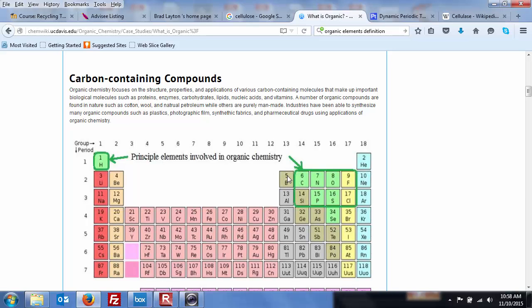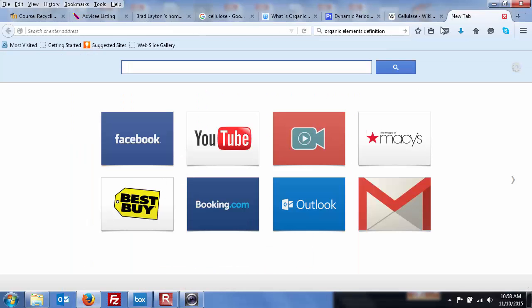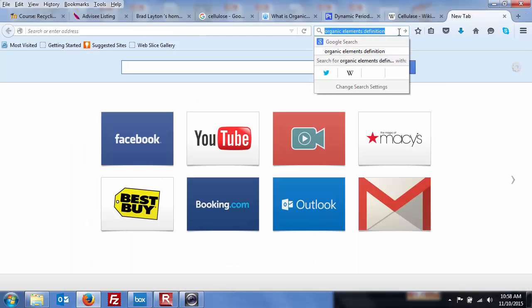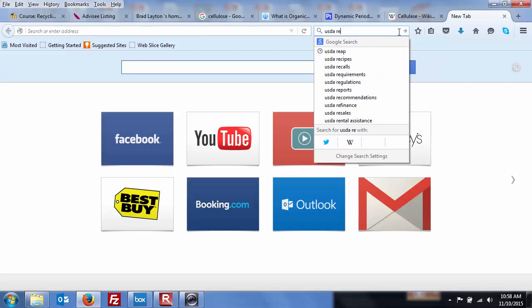Typically, boron, no. Aluminum, not so much. We should, however, go up and look up the USDA recommendations for aluminum. Because there will either be a minimum that you should have, I know it's the same case for selenium, or a maximum you should not have.